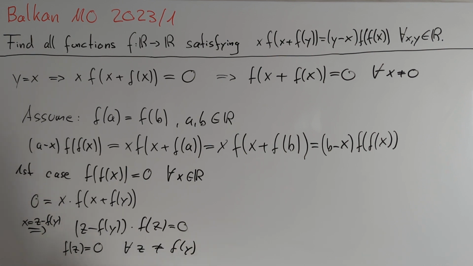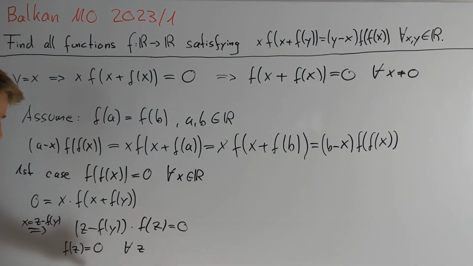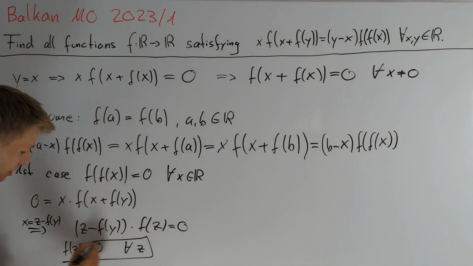But if we have a look back to the equation that f of x is equal to 0, we also see that if we plug in f of y for z, this is also equal to 0, and therefore this holds for every z. So in this case, f of z equals 0 is our only possible solution, and we can check that this solution indeed works, and therefore we figured out our first solution.